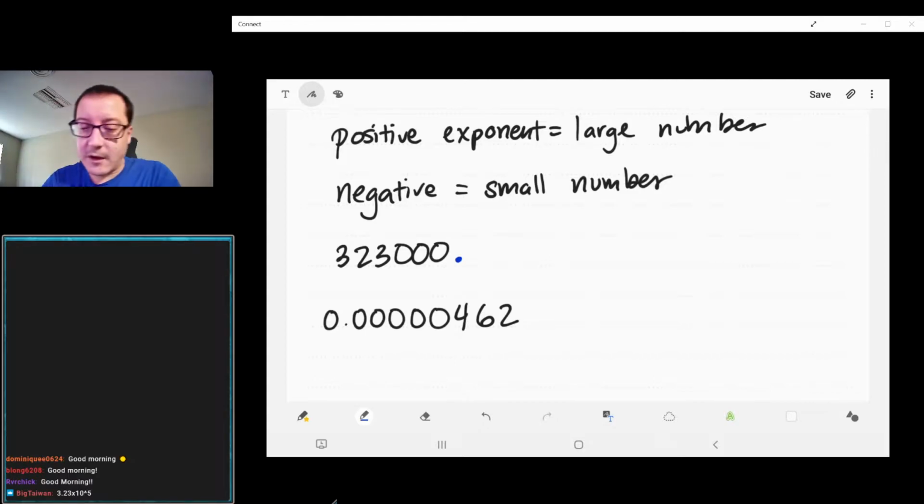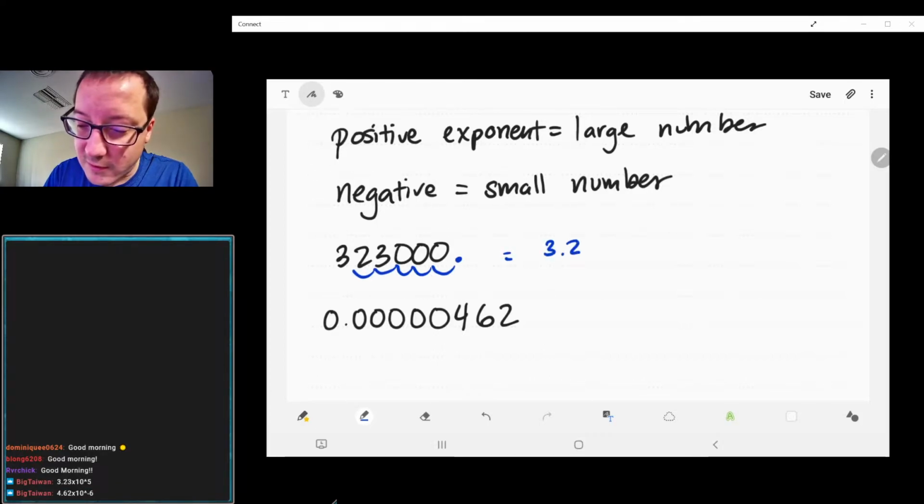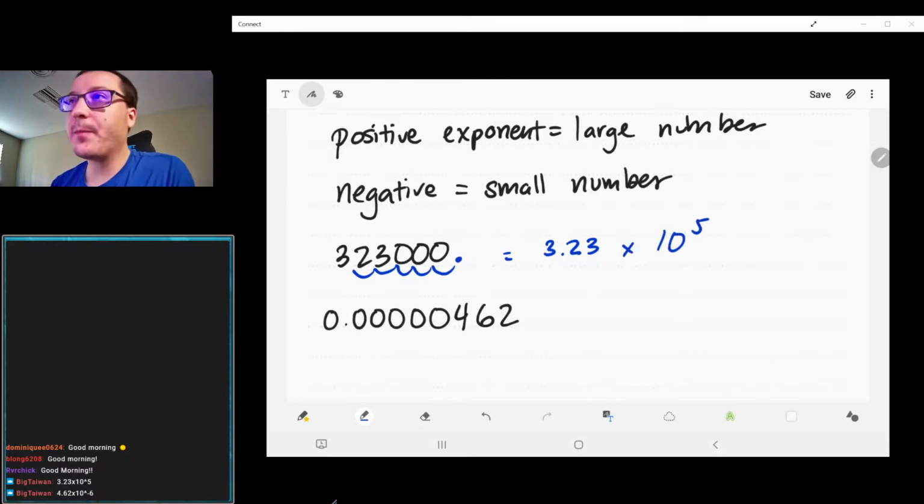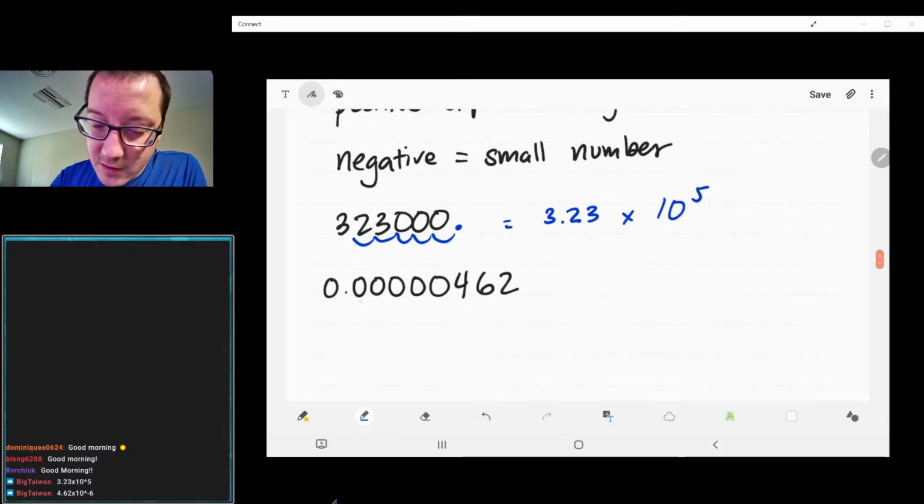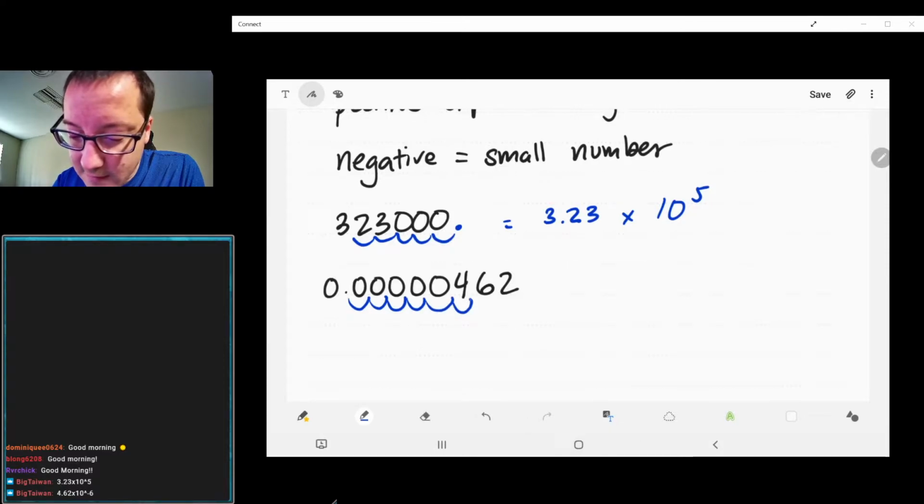Relax. Right. So we're going to want to move it 5 times. 3, 4, 5. And exactly we get 3.23 times 10 to the 5th. Perfect. And then exactly we're going to want to now move... For the second problem, 1, 2, 3, 4, 5, 6.